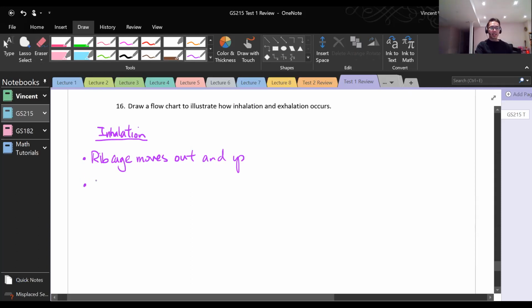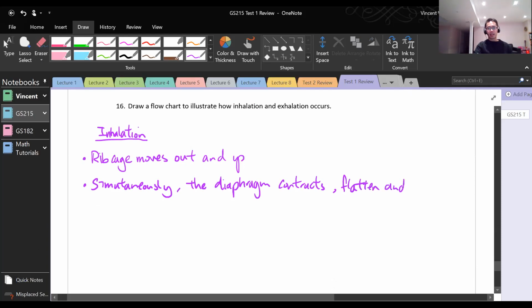And then simultaneously, the diaphragm contracts, flattens, and moves down. This is not really a flow chart, I guess. Here I put an arrow, it makes it look like a flow chart.